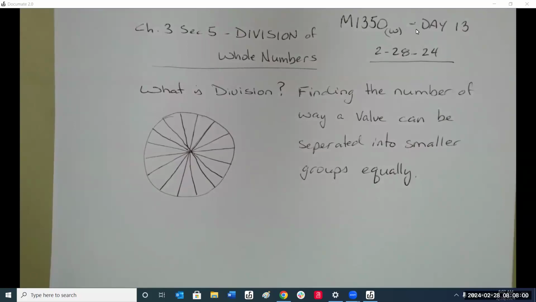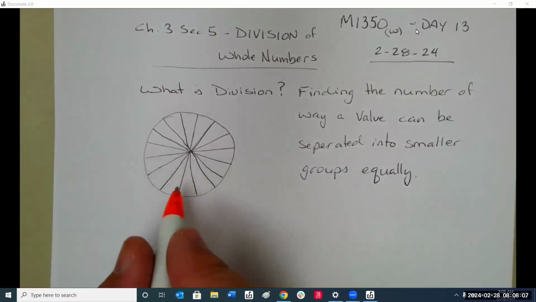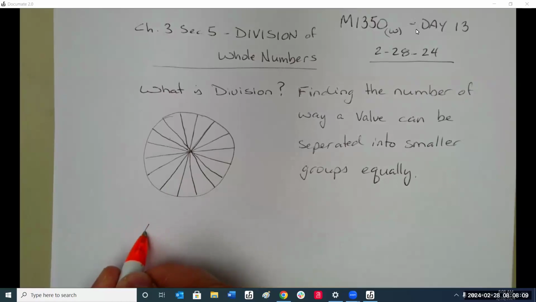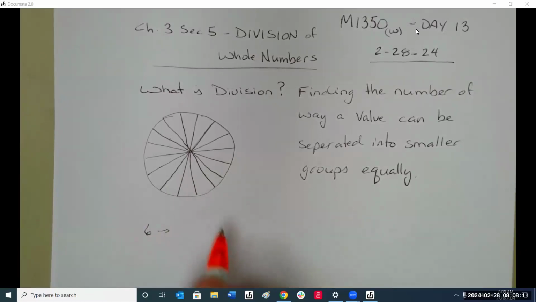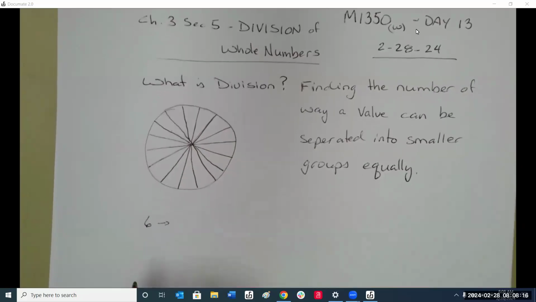So what if we cut it again? So if we do it this way, then we have to look at how many ways 6 fit into these. So what are the multiples of 6?